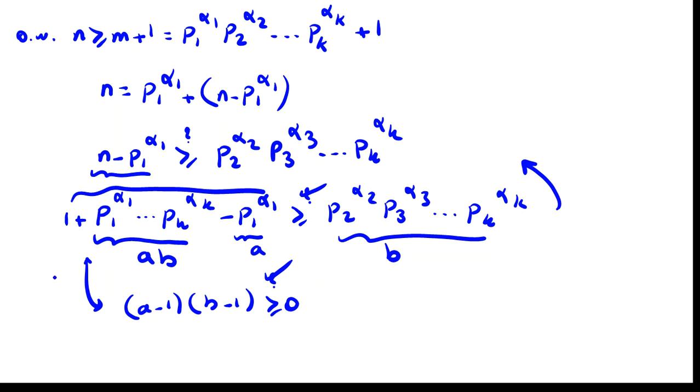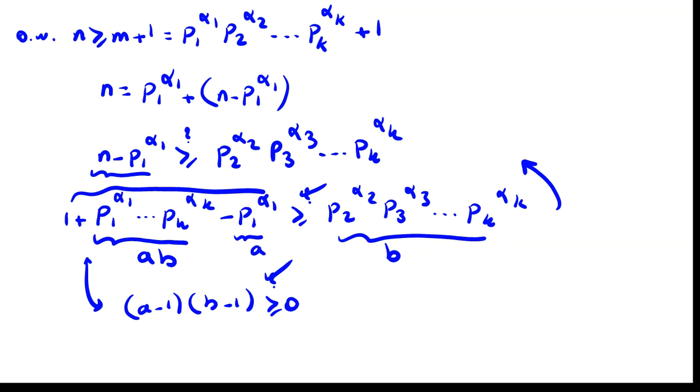Let's call this A and this B, so it would be AB. So it is equivalent that AB minus A minus B plus 1 is greater than or equal to 0. So (A minus 1)(B minus 1) is greater than or equal to 0, which is obvious because A and B are greater than or equal to 1.